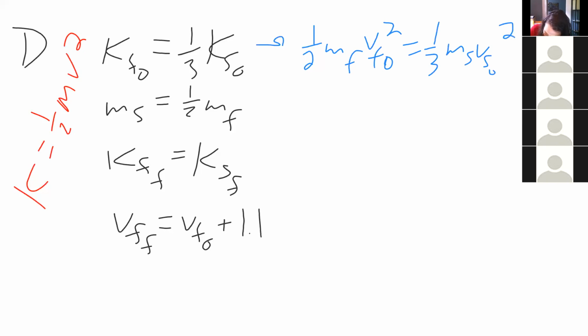That should be, sorry, a third times a half. Let me take that again. 1/3 times a half mass of the son, velocity of the son initial squared.